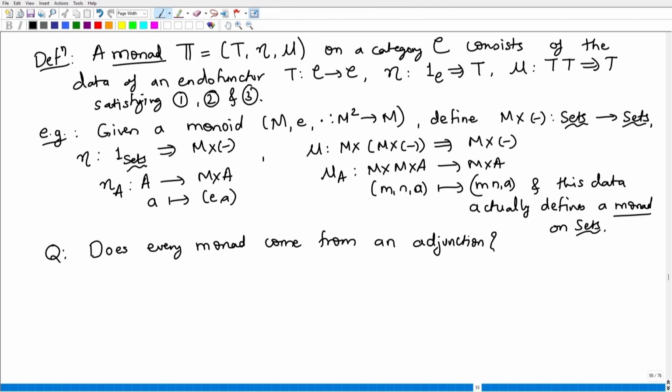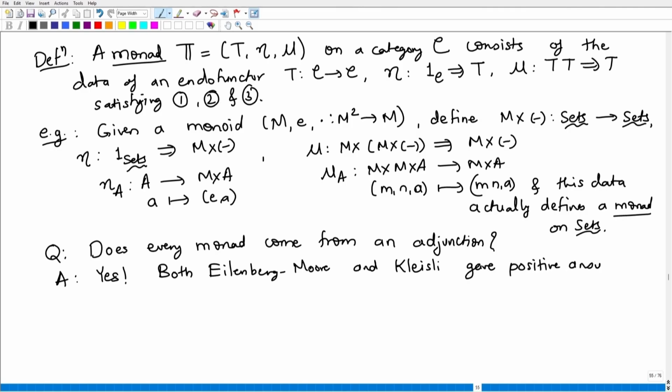There were two independent answers in the exact same year. Okay, so answers, yes, of course, and both Eilenberg-Moore and Kleisli, these are of course two different names, but now we write their names together because they did it together, gave positive answers in 1965, both in the same year.